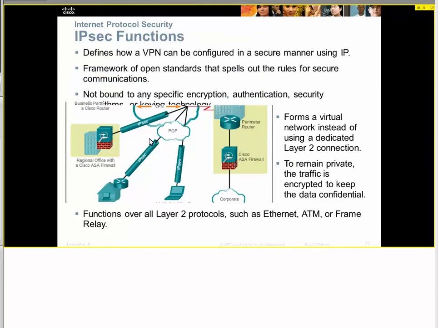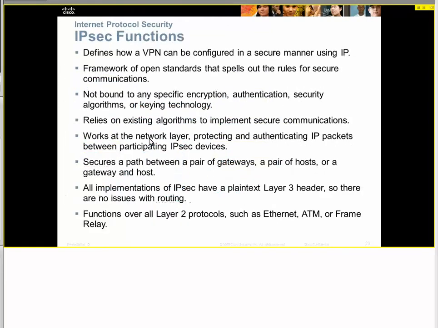So IPsec, first of all, even a bullet point before the bullet points you see: IPsec is not a protocol. IPsec is a framework into which we are going to use a whole bunch of protocols for doing different parts. That's where it gets a little bit confusing.